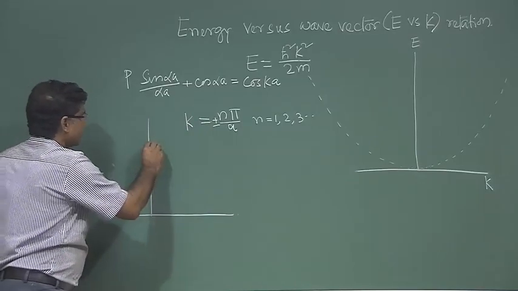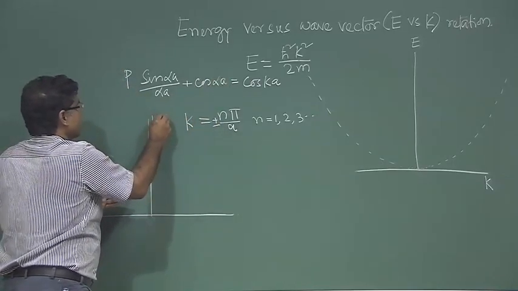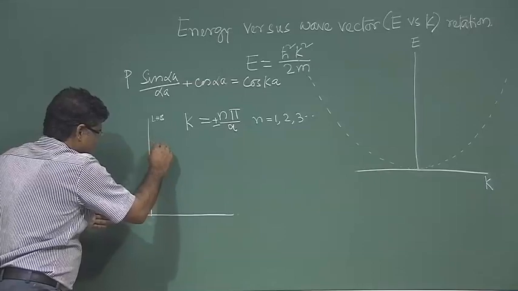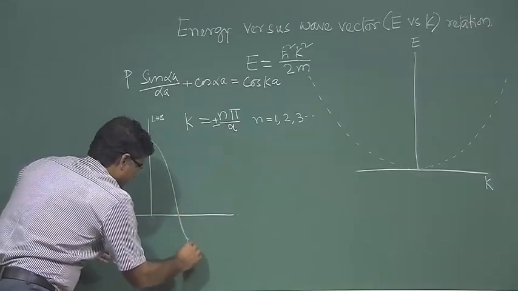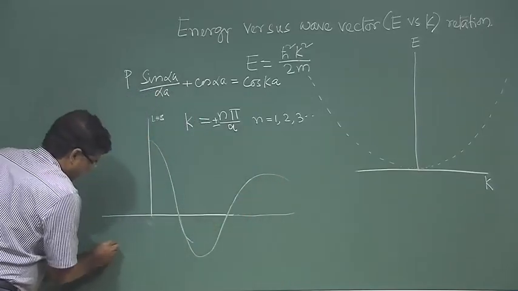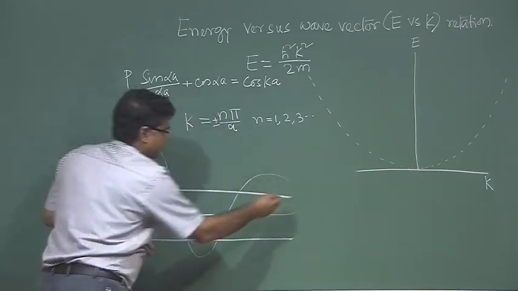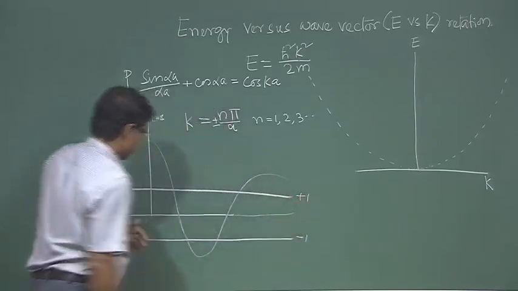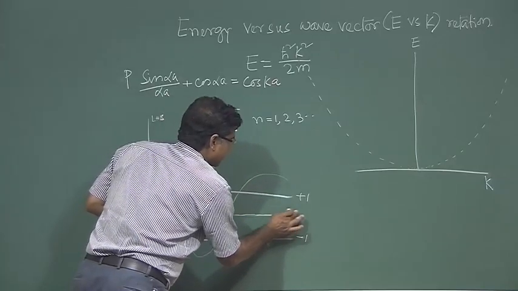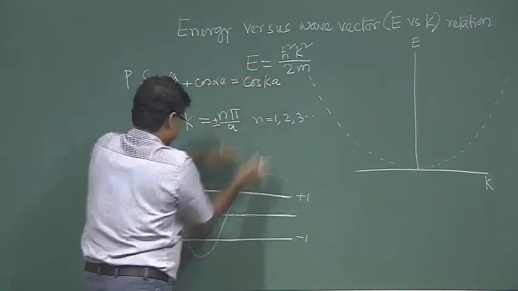If we plot this left hand side, it varies like this, right. So its value is between +1 and -1, right. So this value is restricted by this right hand side, right.